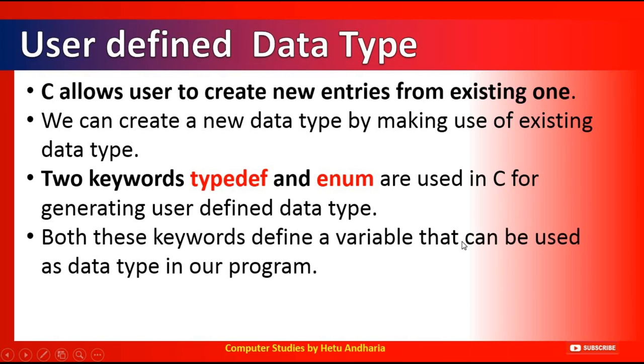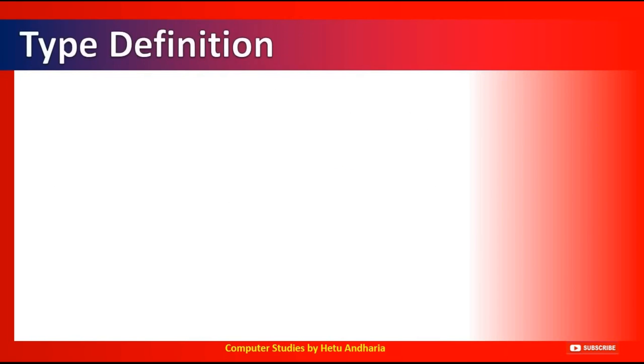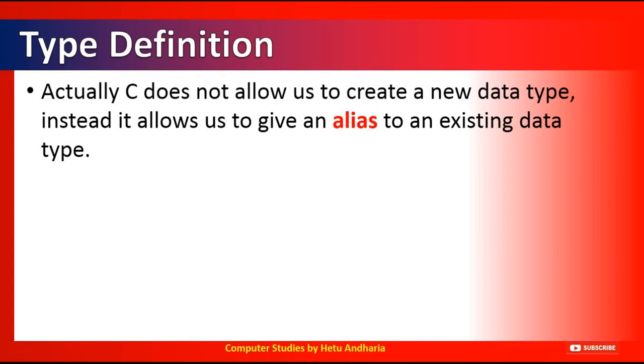We carry on further. Both these keywords define a variable that can be used as a data type in our program. Now see, actually C does not allow us to create a new data type, that is a fact. Instead it allows us to give an alias to an existing data type.